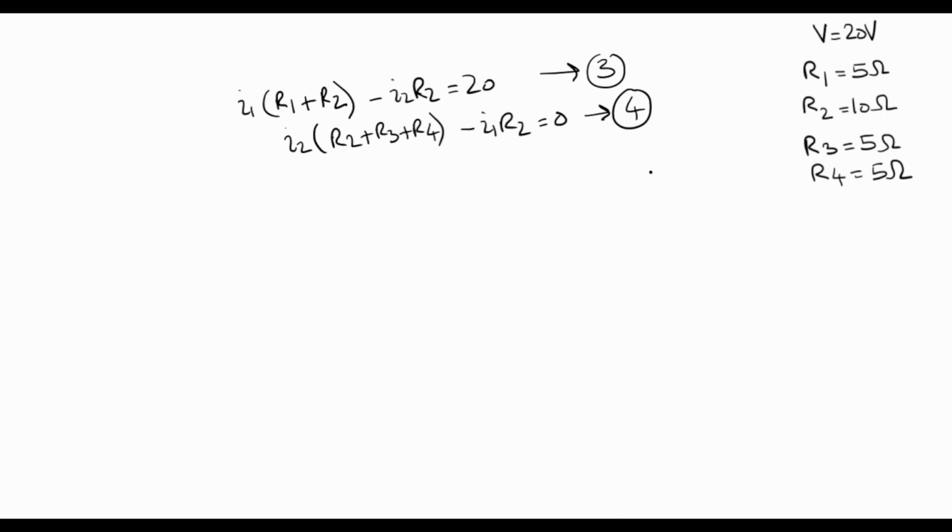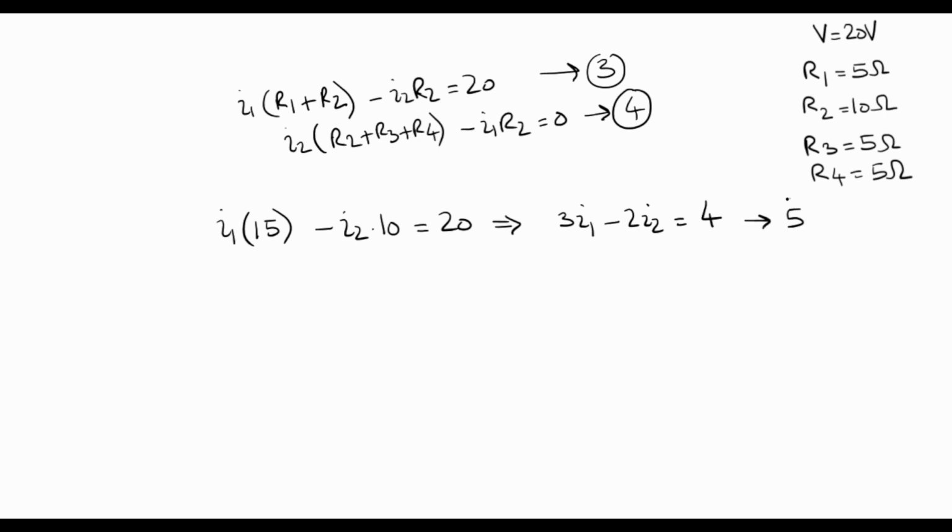And now we can plug in the values of the resistors and the battery voltage and solve this network. So this would be I1 times R1 plus R2, which is 15, minus I2 times 10 is equal to 20. If I divide by 5, I would have 3 times I1 minus 2 times I2 equals 4.